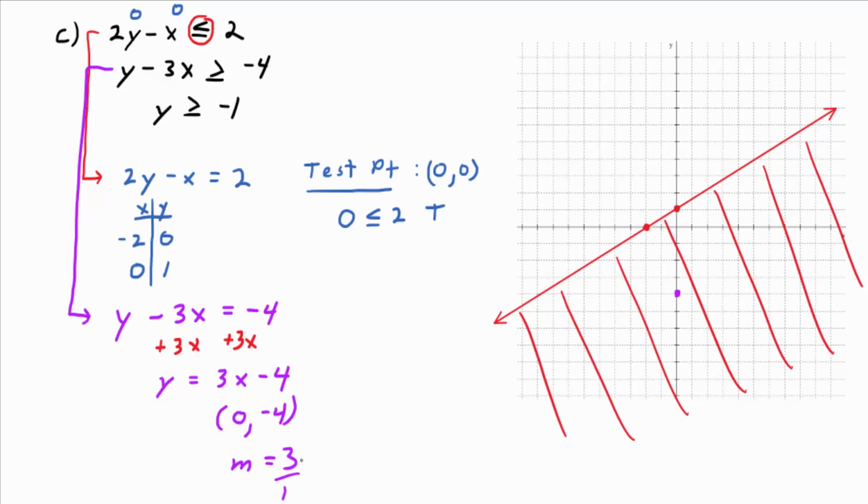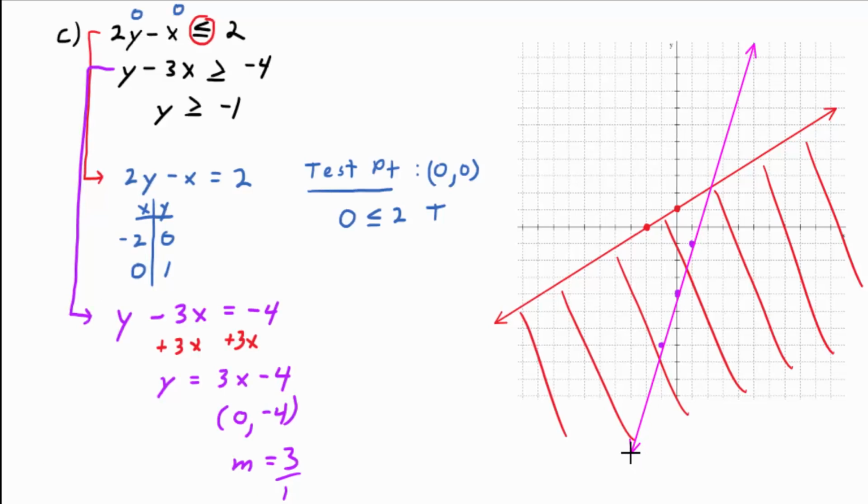And okay, a slope of 3 over 1, so up 1, 2, 3 over 1. You could also go down 1, 2, 3, and over negative 1, because 3 over 1 is the same as negative 3 over negative 1, isn't it? I get my line tool, go through those 3 points.